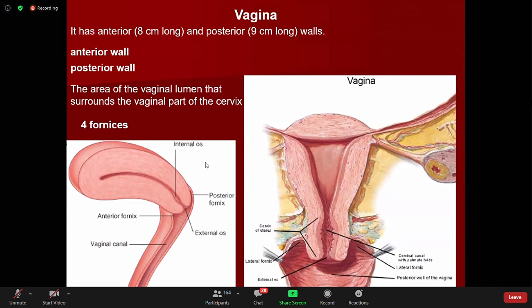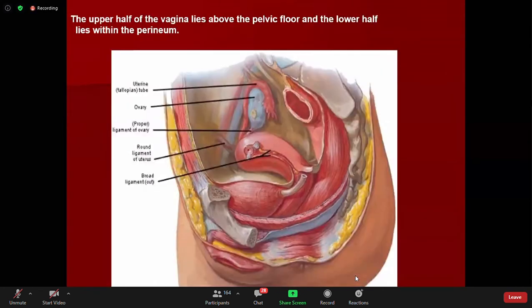That will cause bleeding and infection and whatever. So these are the fornices of the vagina, created by the invagination of the cervix into the wall of the vagina. Okay, so the vagina, part of it is above the pelvic floor and part of it is below the pelvic floor.